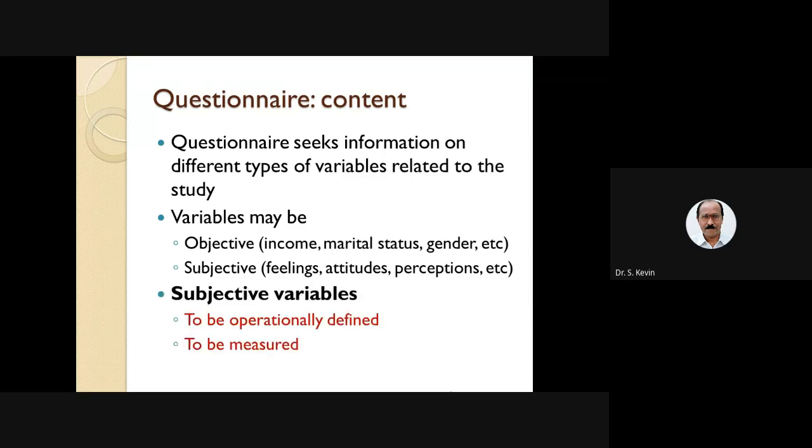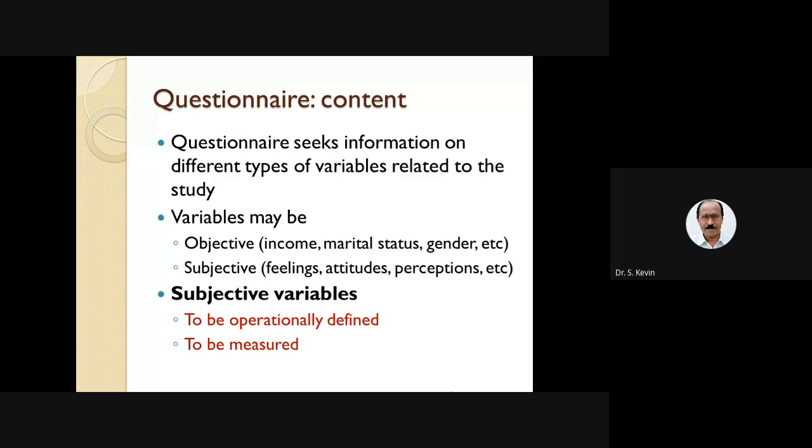For that, the subjective variables will have to be first defined. Say, job satisfaction. What is this job satisfaction? We have to define it. Then it has to be measured. Job satisfaction, customer satisfaction, all these things have to be measured. How much is it? Is it high? Is it low?